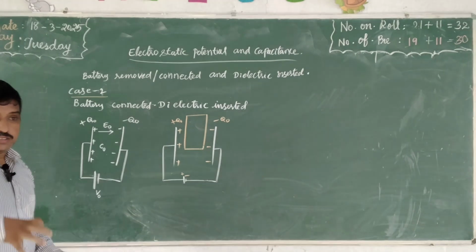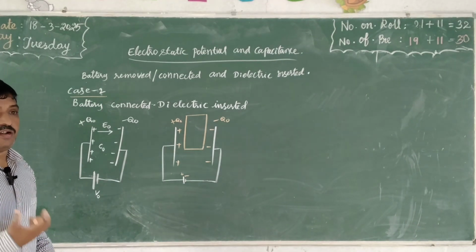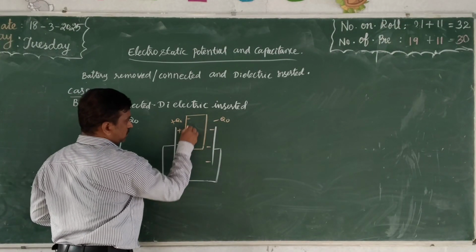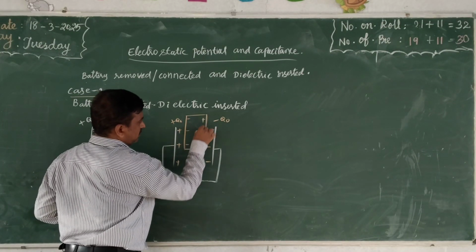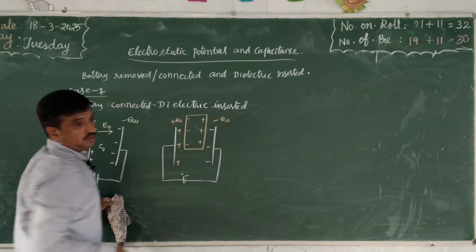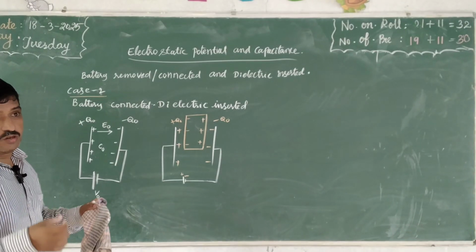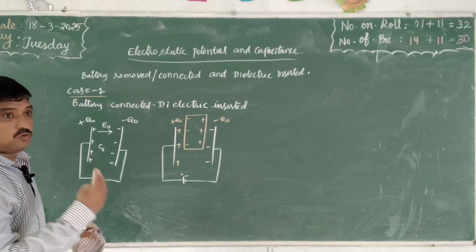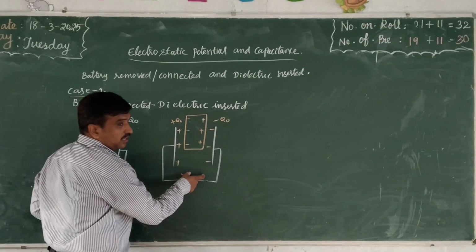When the dielectric is inserted between the plates, the charge is definitely polarized. So here minus charge, here plus charge, because atoms and molecules are there; all positive charges are polarized to one side and all negative charges to the other side because of the external electric field.